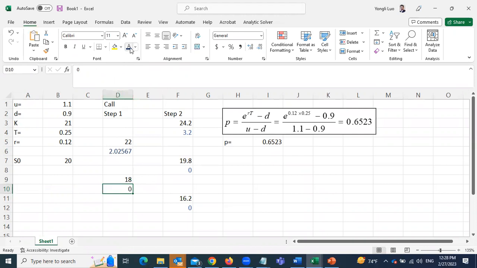Because you go up is 0, go down is 0. So it doesn't matter how you discount, it is going to be 0. So when the price goes up to 90.8, the call option value is 0, go down is 0. So you got 0, it doesn't matter.